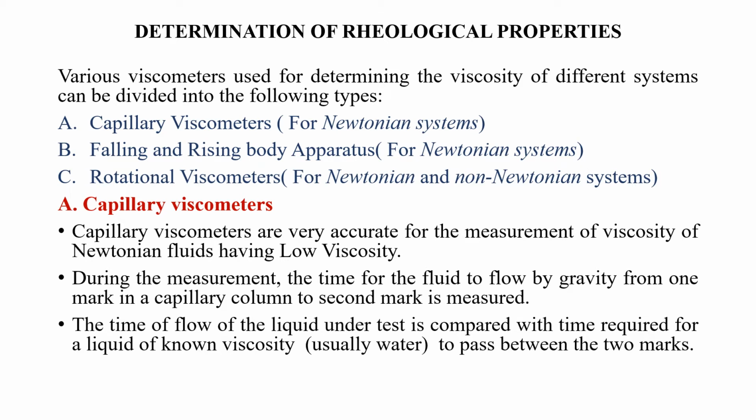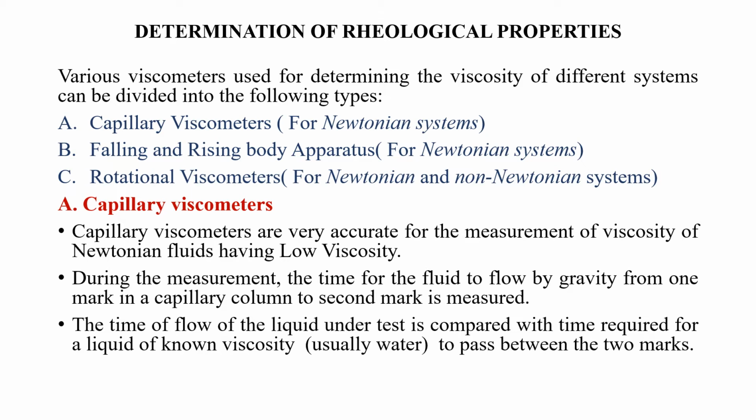Obviously, the one which takes longer to reach from one point to the other, right? Because it is showing some resistance towards the flow. So, based upon this time of flow, we will be able to determine the viscosity. That is the concept behind this working principle.